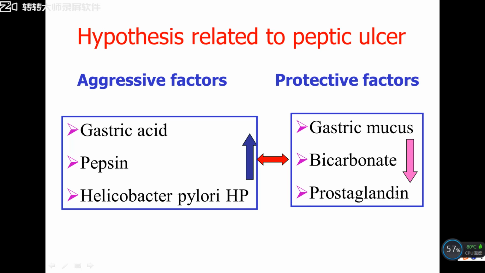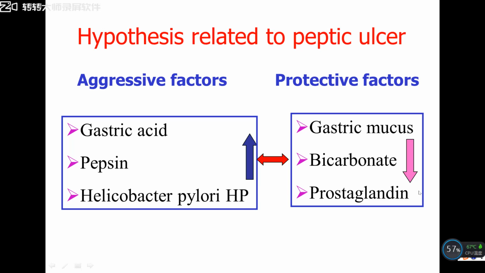So that means when we treat gastric ulcer, we have 2 methods. The first method, we should reduce these aggressive factors. So we can use some drugs to inhibit gastric acid secretion, inhibit the pepsin receptor, or inhibit or kill HP bacterial infection.